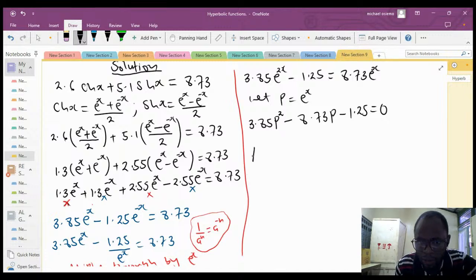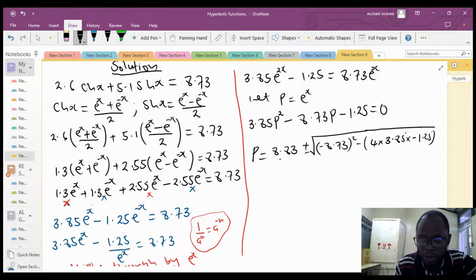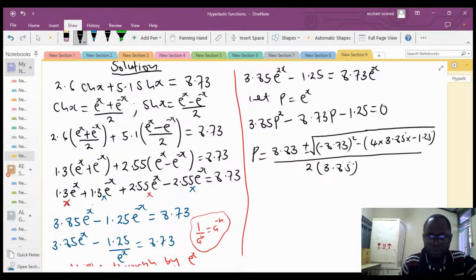This means that p will be equal to 8.73 plus or minus the square root of negative 8.73 squared minus 4 times 3.85 times negative 1.25, and all this over 2 times 3.85.